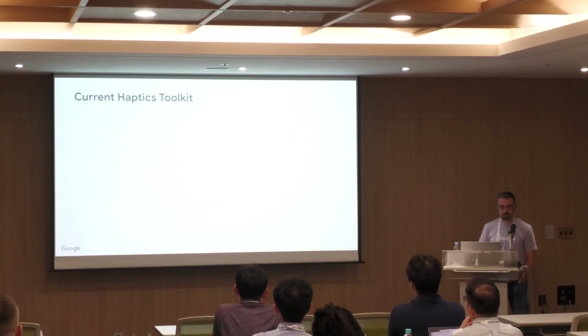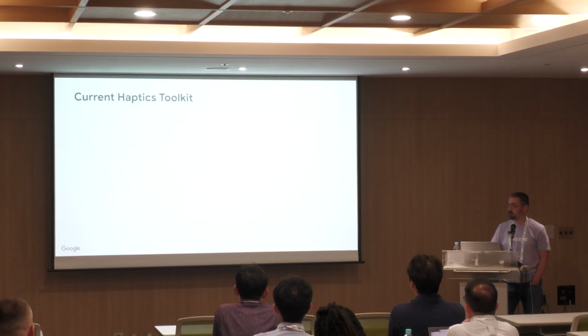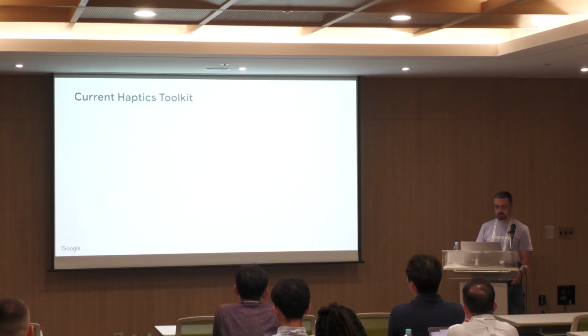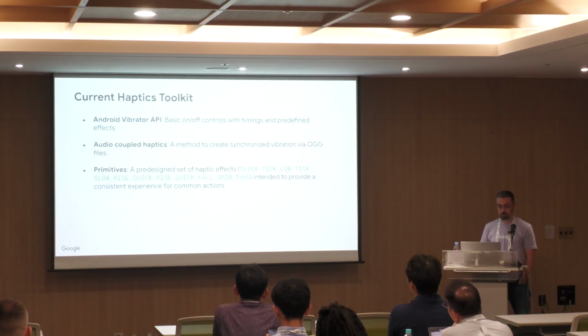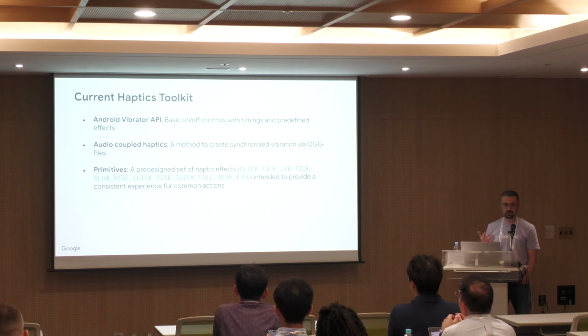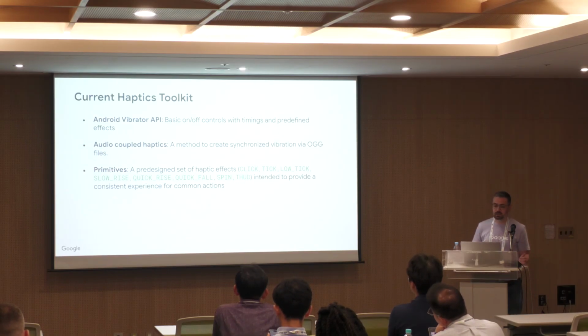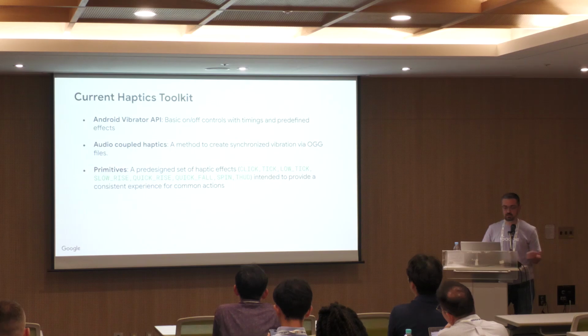So I want to start by talking a bit about the current haptic toolkit that we have. And I think Hong did mention most of these. So we have three different ways of creating haptics at the moment. One is the basic on-off controls with the timing, where you can set the timings and the amplitude, just turn on and off.